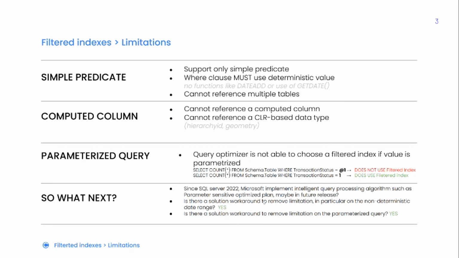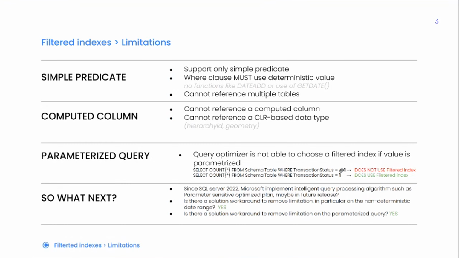This actually defers the execution plan until after reading the value of the parameter. So if you can do that for this kind of optimization, then probably you can do that also on filtered indexes.